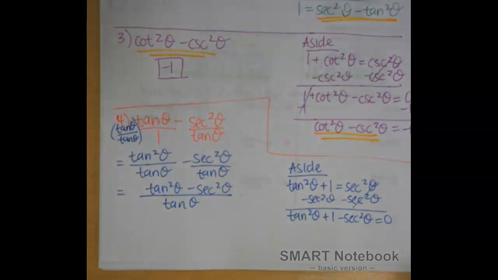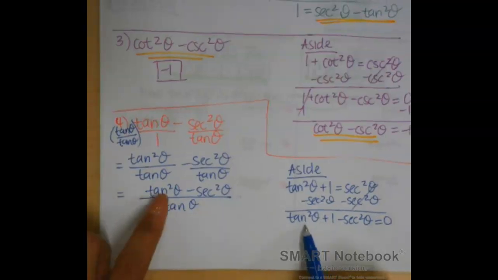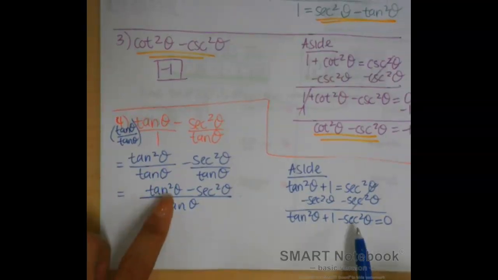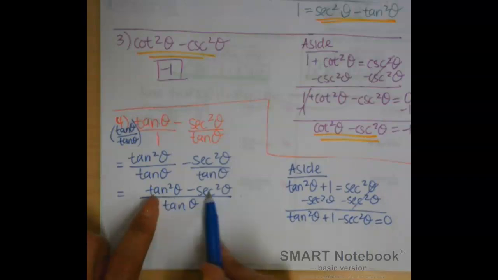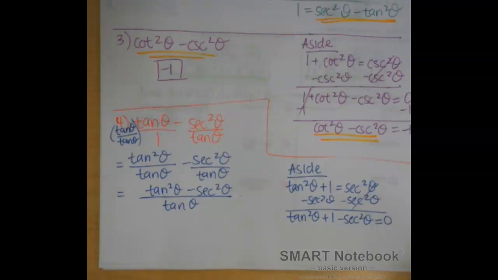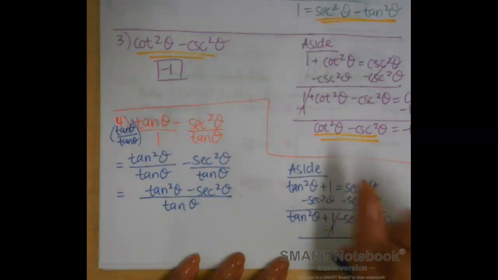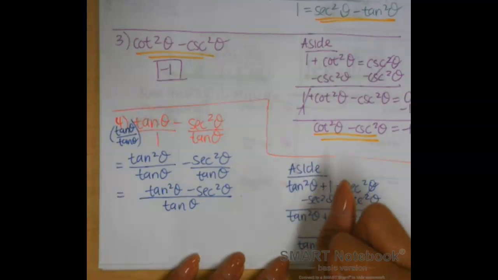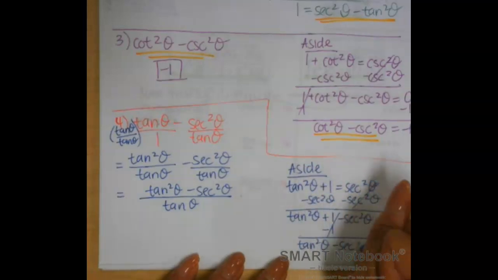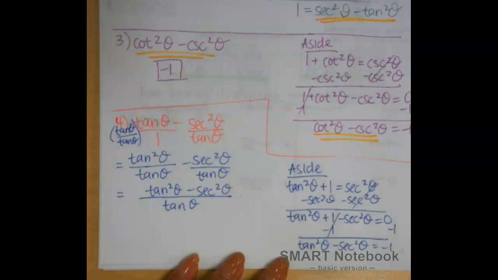And then divide both sides by tangent. Not quite. We already had the tan theta on the right side, right? Tan theta. And we have the secant being subtracted. Do we need this 1? Based on this expression I have here, I don't need that 1. So how can I move the 1? So you're going to be left with tangent squared theta minus secant squared theta equals negative 1.